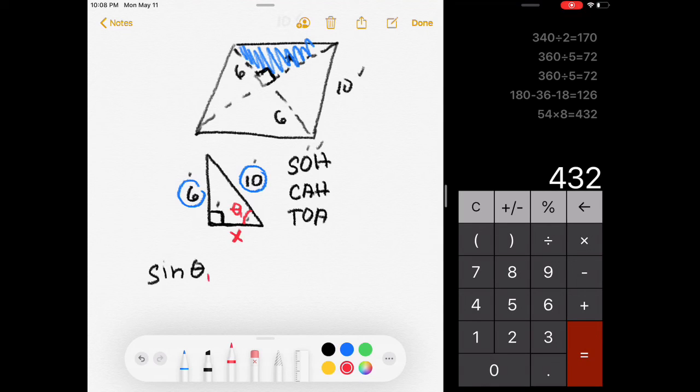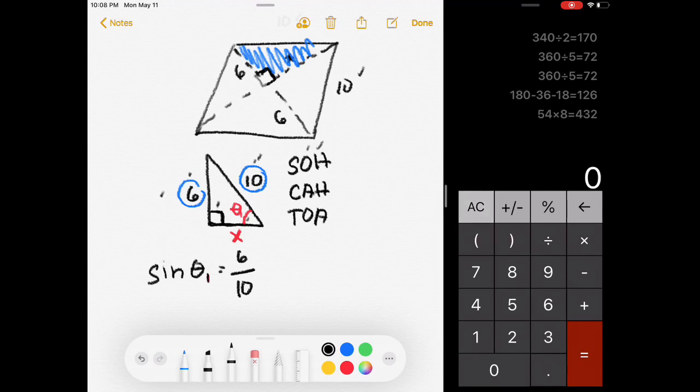Maybe you also want to find the top one. So, sine theta 1 equals opposite, which is 6, sorry, over the hypotenuse of 10. This one is the opposite, this one is the hypotenuse. To simplify that, double check that your calculator is on degrees.